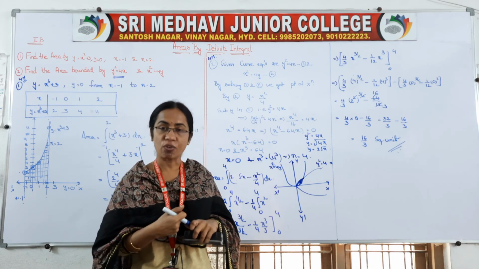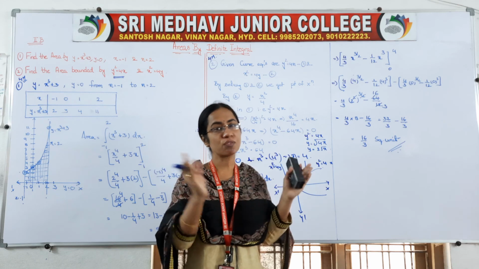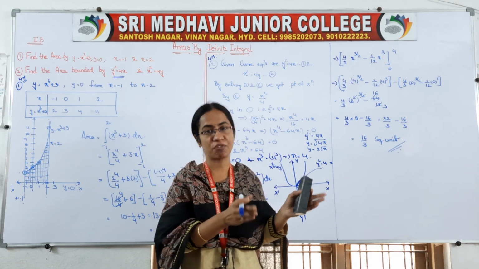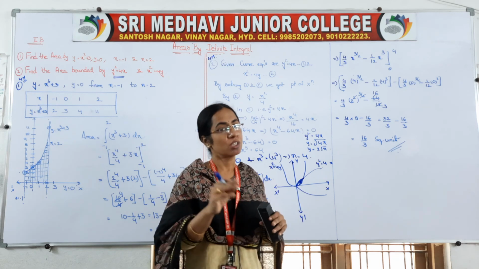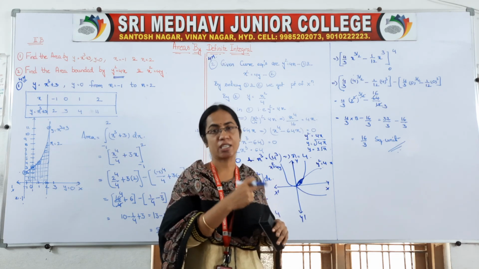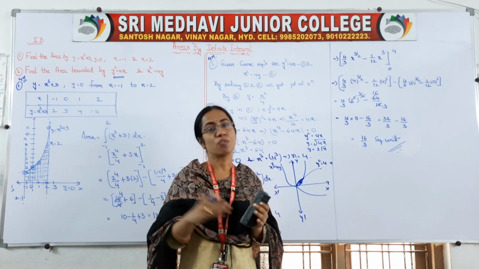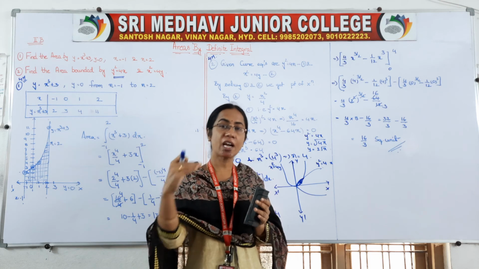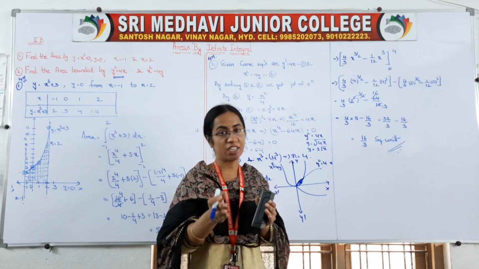So with this we will finish our areas. In definite integrals, the first part is only using definite integral formulas to find the values, solve, evaluate, calculate. After that, areas is the second part. In areas we have to find the area covered by the curves by using definite integrals.